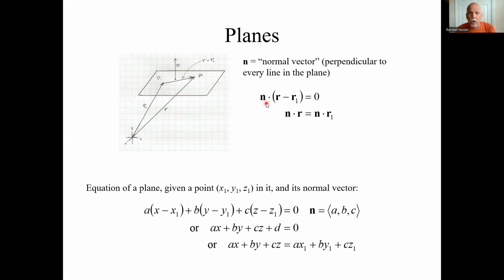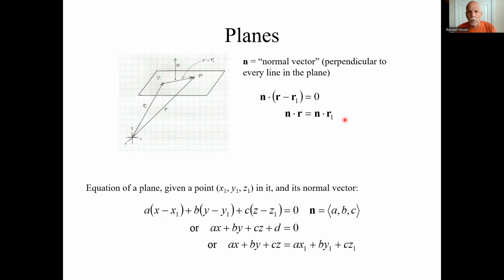And if I break out what these mean in component parts, say n is vector ABC, and then R minus R1 would be those three components: x minus x1, y minus y1, etc. So here then is the equation of a plane.